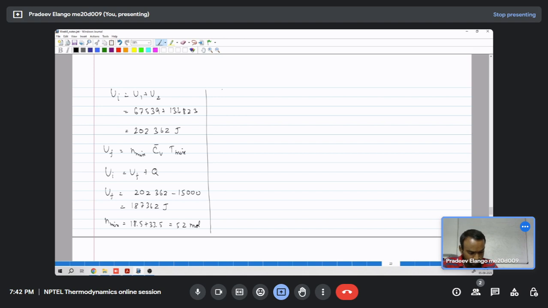Now, writing this again, we'll have 187,362 on the left hand side, and on the right hand side we'll have 52 into CV, which is 12.46, into T mix. So T mix is 289.17 Kelvin.